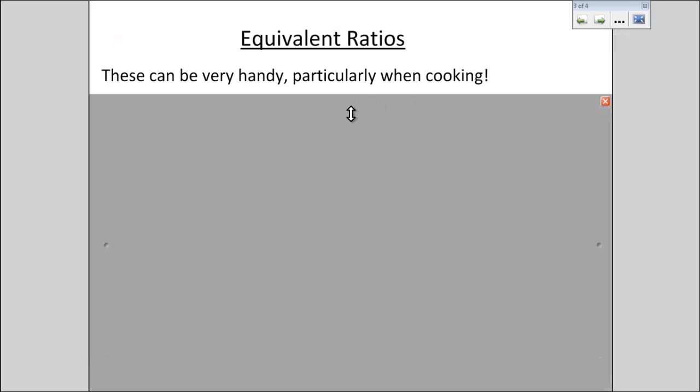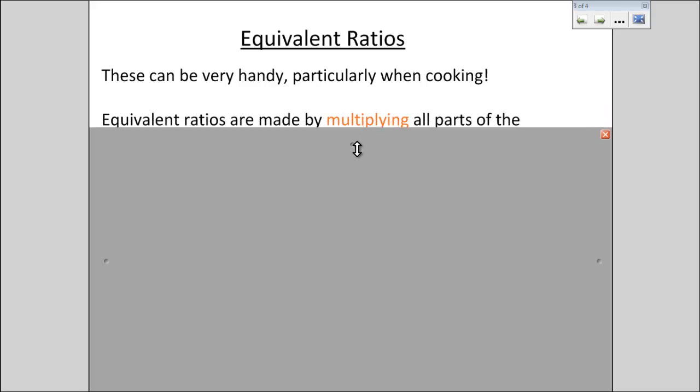Equivalent ratios. You need to be able to make equivalent ratios. These can be very handy, particularly when you're cooking, if you need to adjust a recipe to a different number of people. You might also see this, say, in cars for engine ratios. And you will also come across ratios if you happen to discover the fine art of cocktail making.